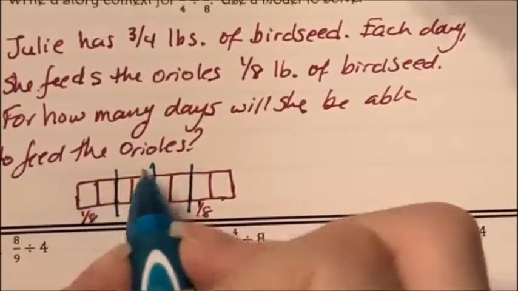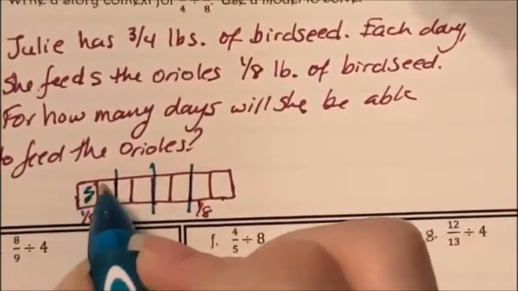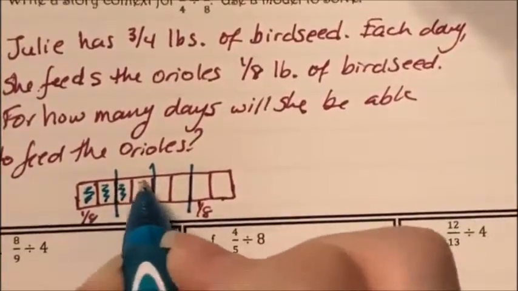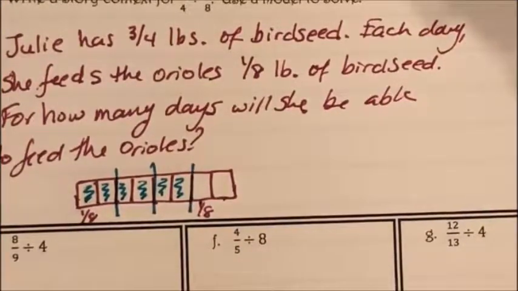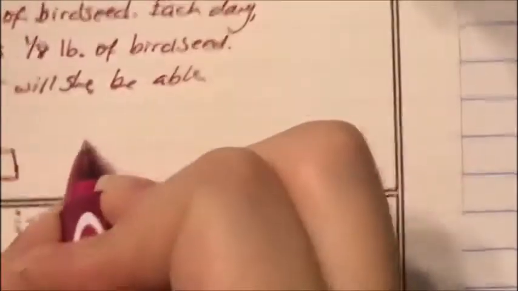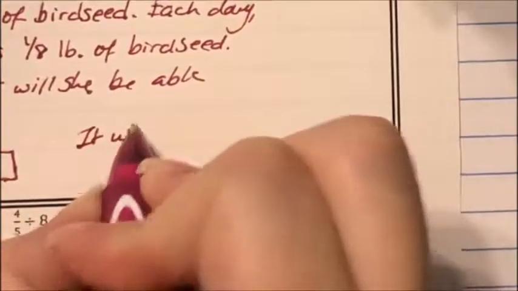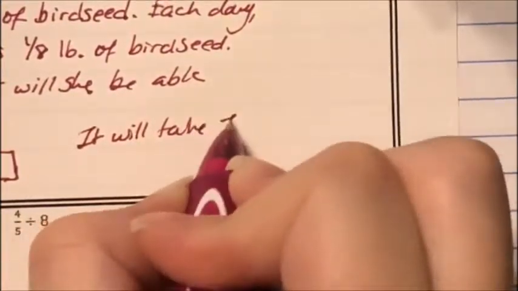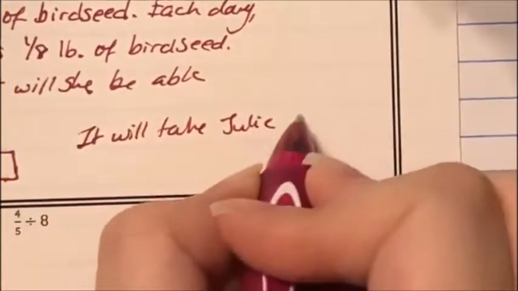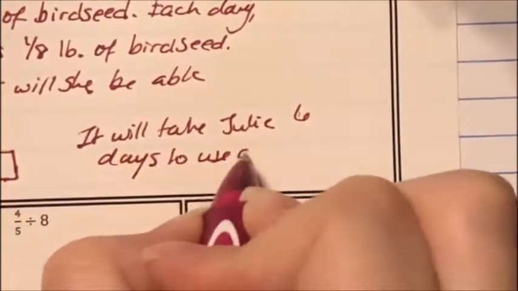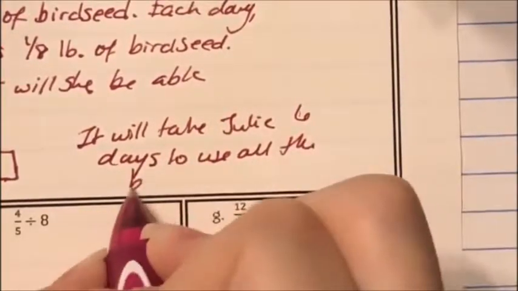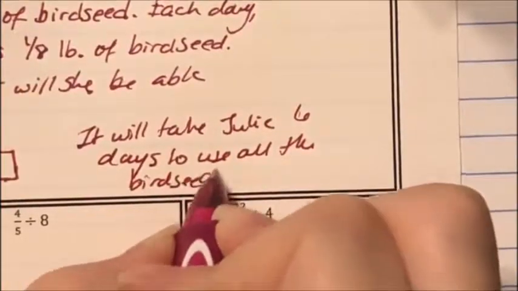So this is 1, 2, 3, 4, 5, 6. It will take Julie 6 days to use all the bird seed.